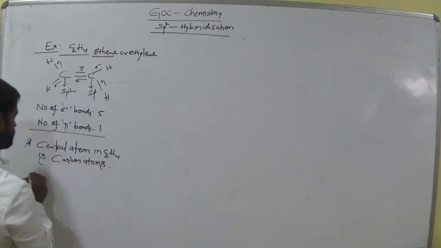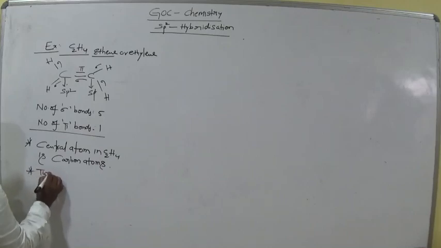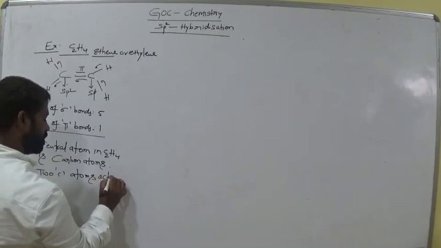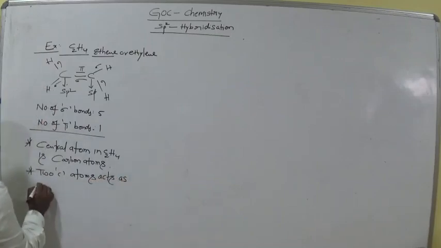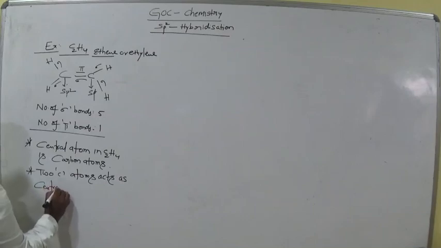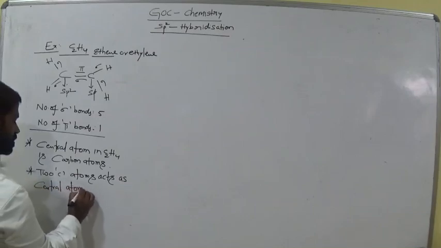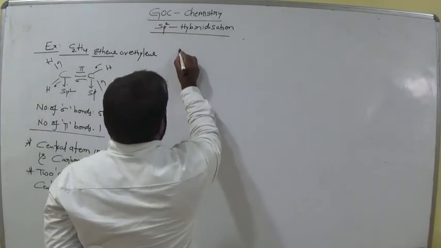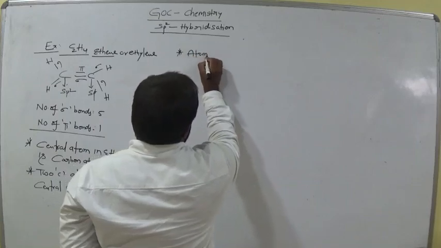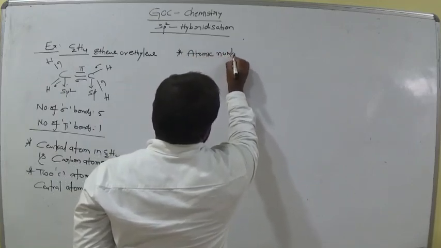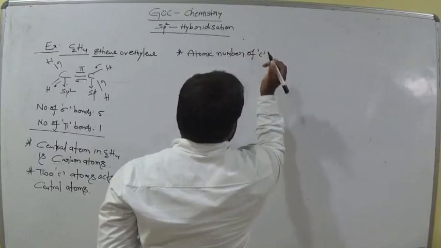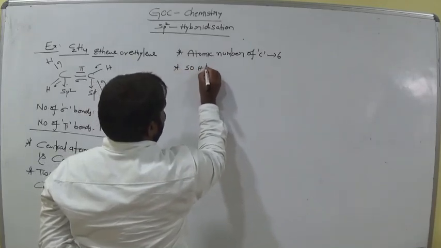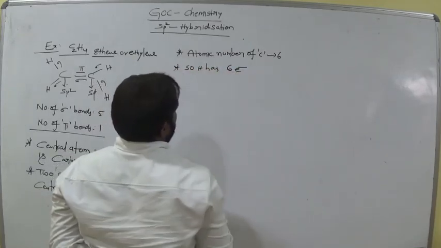Am I right? 2 carbon atoms act as central atoms. Both are acting as central atoms. Atomic number of carbon is 6. So it has 6 electrons.